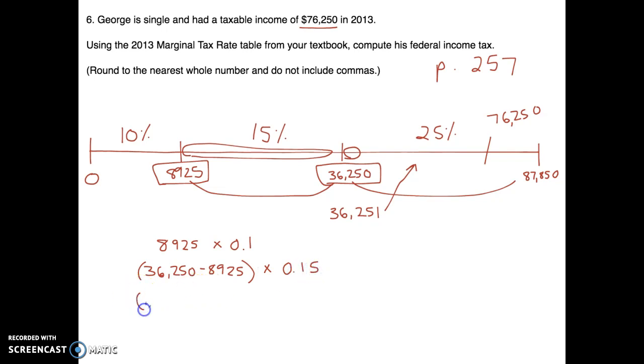And then the last one is going to be 76,250 minus that 36,250. We're going to see how much is in that 25% range. We're going to multiply that by 0.25. So we end up with these amounts.